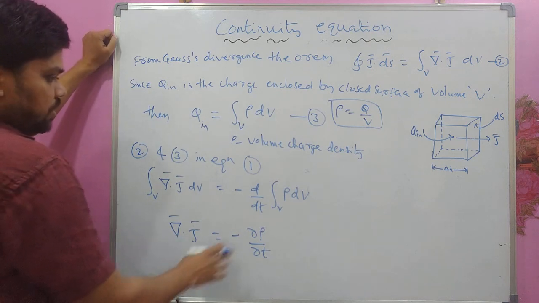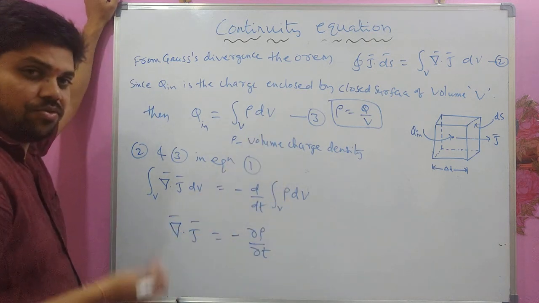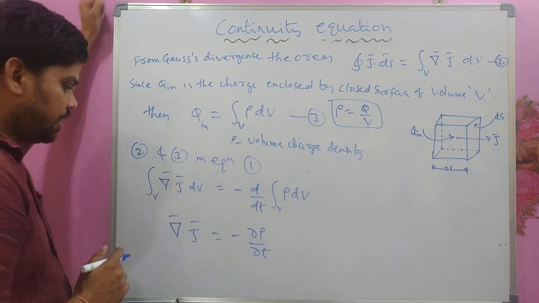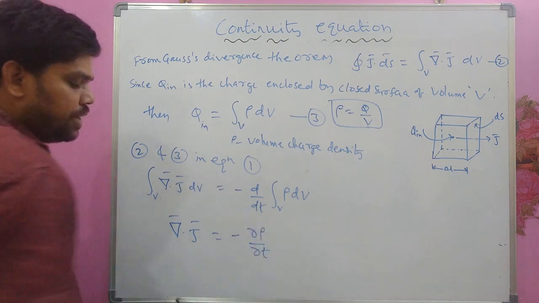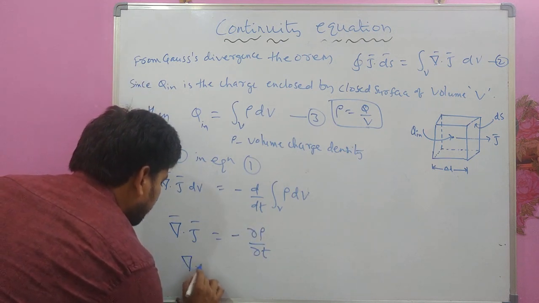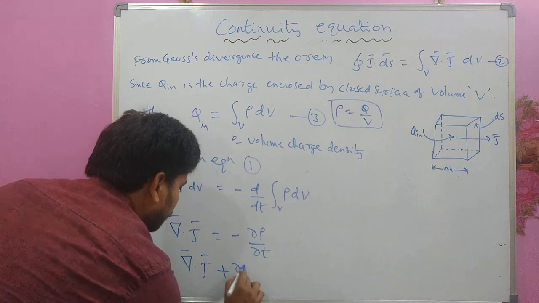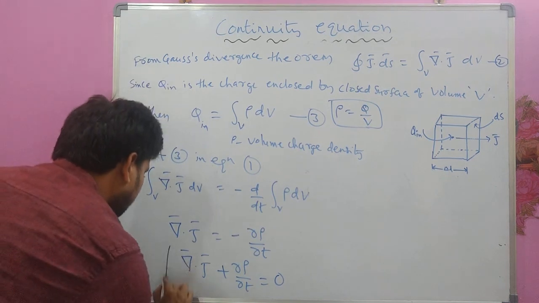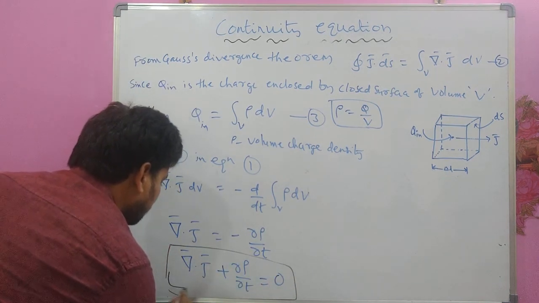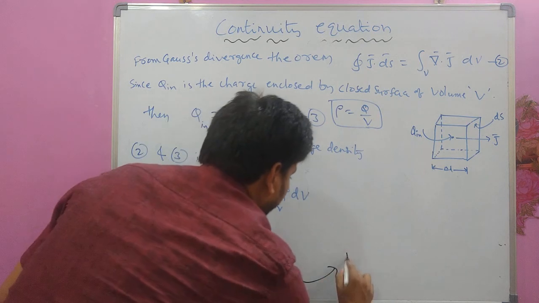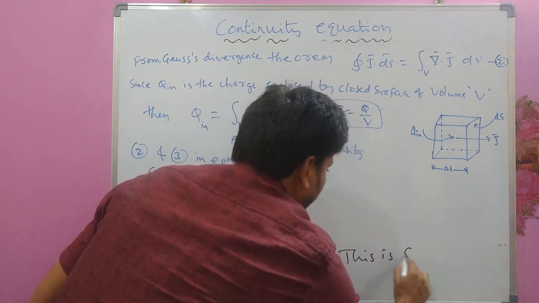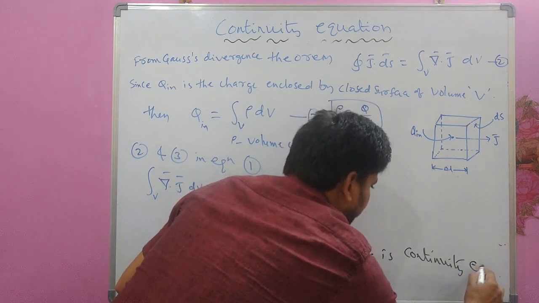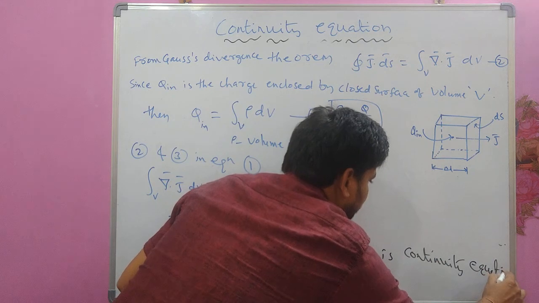Here we are talking about with respect to time only, so there is no issue with the dou or d. So my del dot J equal to minus dou rho by dou t, and del dot J plus dou rho by dou t is equal to 0. This is the continuity equation.